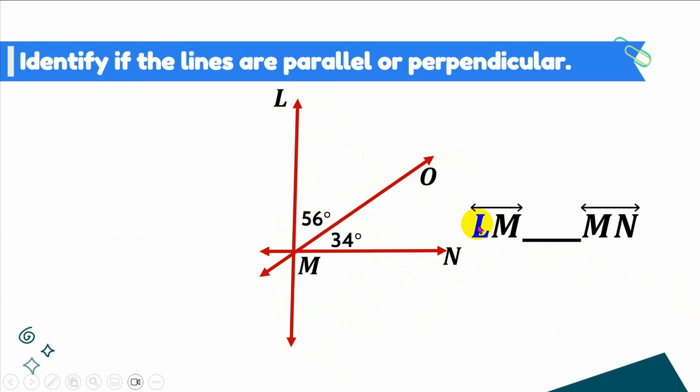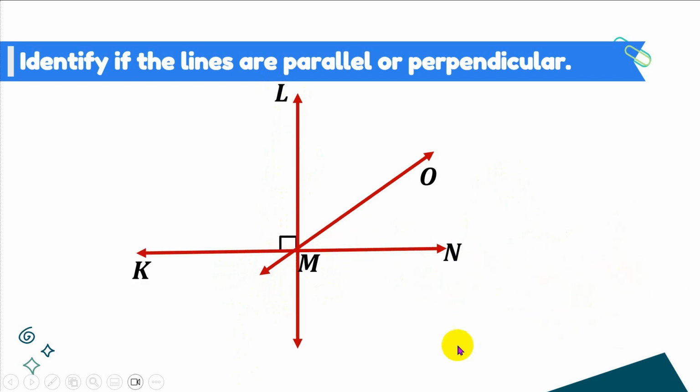So based on the theorem, under perpendicular, if we have complementary angles, therefore, meron tayong perpendicular line. So, in this case, line LM and line MN are perpendicular. They form 90-degree angle.